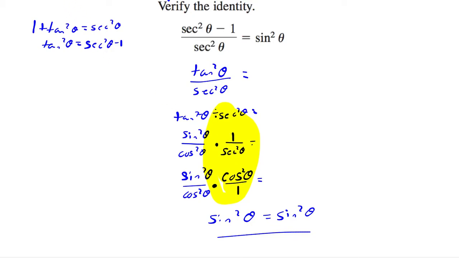So they try to do too much in their head at once, and they miss exactly what they need to go for. So notice, I knew that this was 1 over cosine squared, but I still changed this division first. If you write out each step, you won't run into as many mistakes.